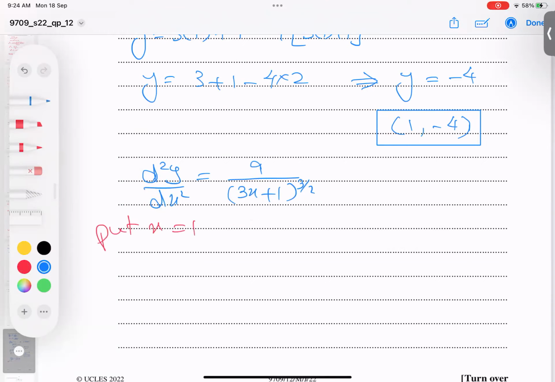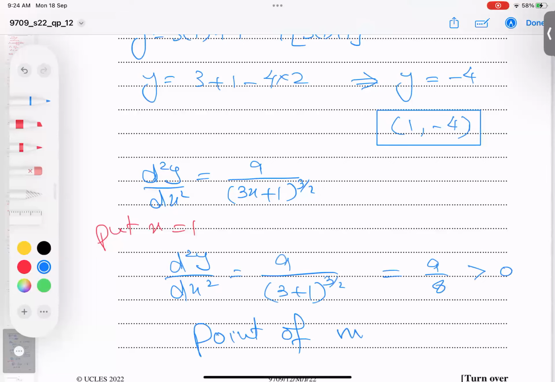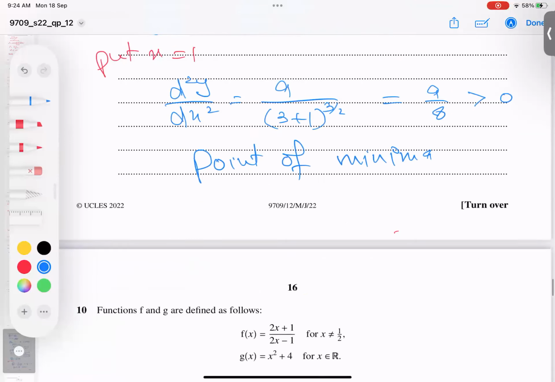I will put it here, and I will check the sign: is it positive or negative? So have a look. When I plug in 1 here, 9 over 3 plus 1 to the power 3 by 2, it's giving me a positive answer. It is 9 by 8 because 4 to the power 3 by 2 is 8, which is positive. So positive is a point of minima. I hope the point is very, very clear.